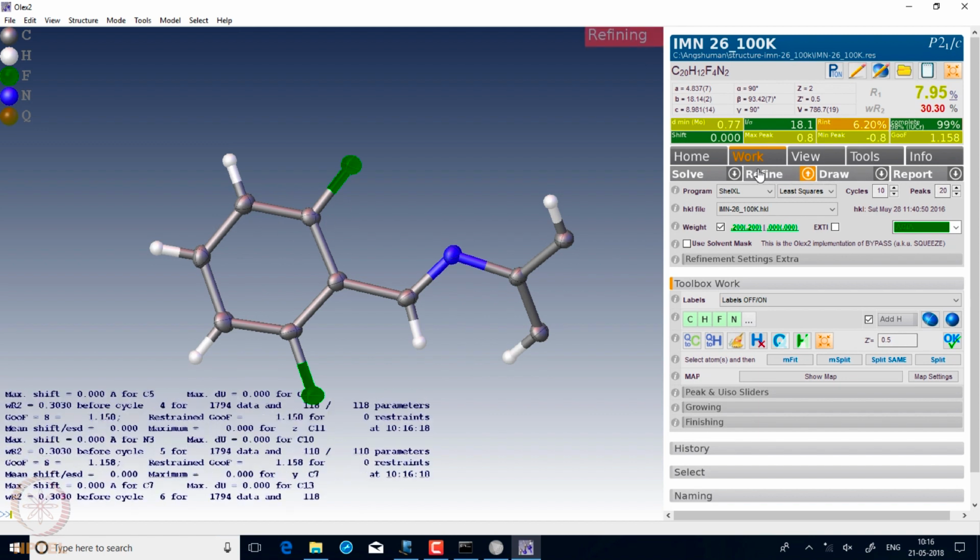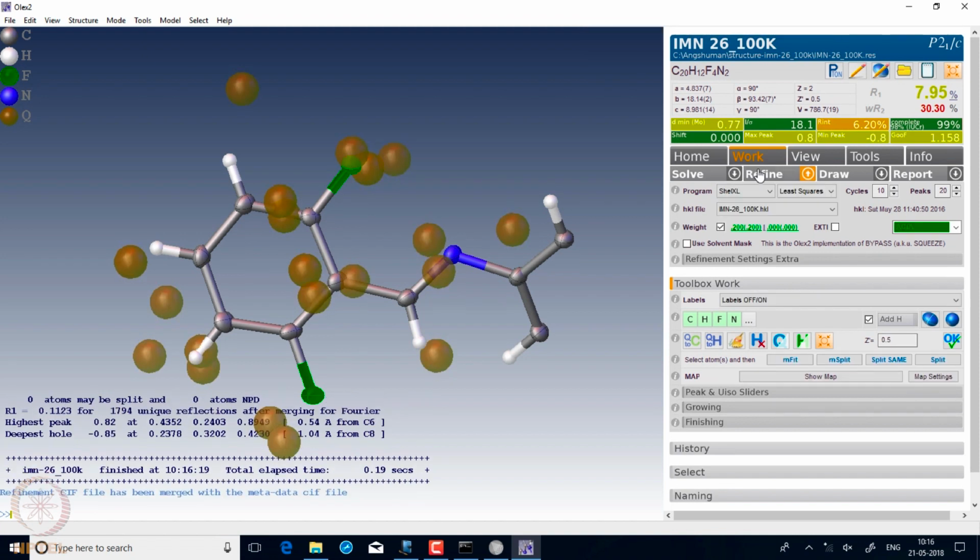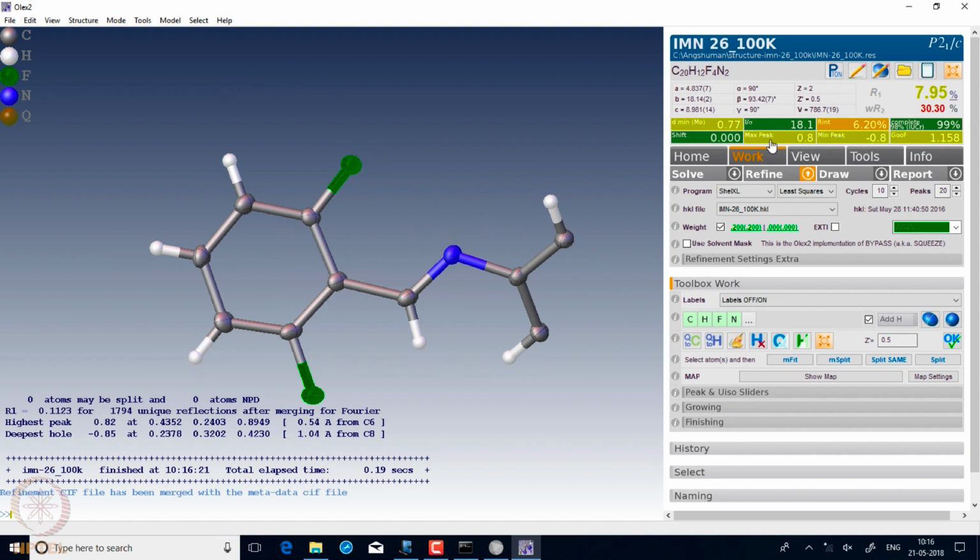With the hydrogens, we refine a few times, and then we see that the residual density is very low, just 0.8 plus and minus. R int is 6%, I by sigma is 18, and the shift is about 0, which means there is no change in the coordinates or thermal parameters on successive refinements.